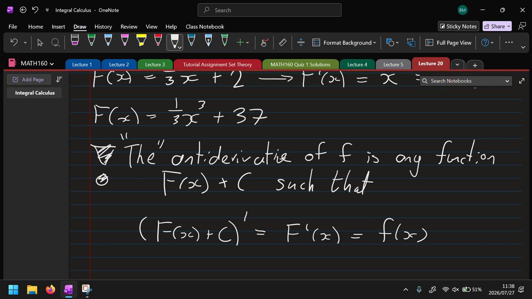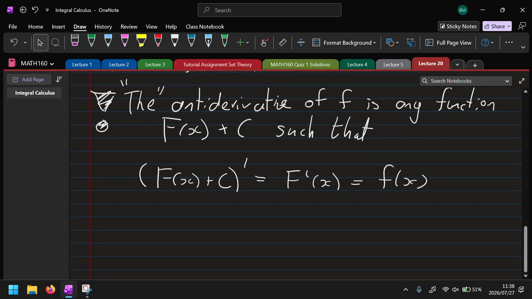Okay, so we don't say the antiderivative. We say instead a family of antiderivatives. For every constant c that you can think of, you get another solution to the problem.